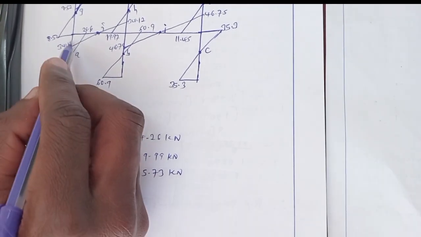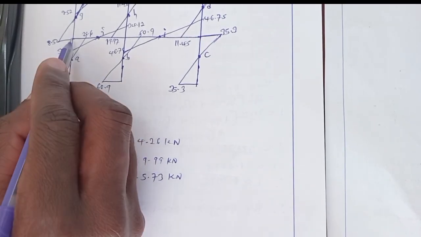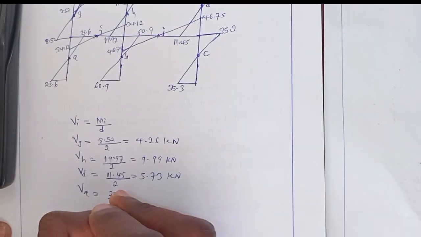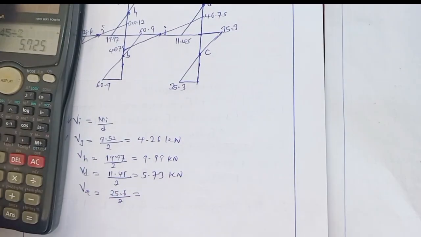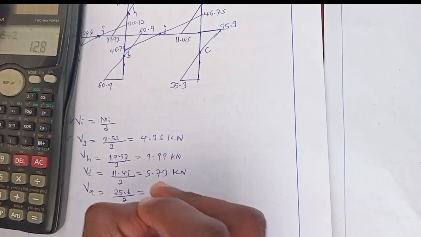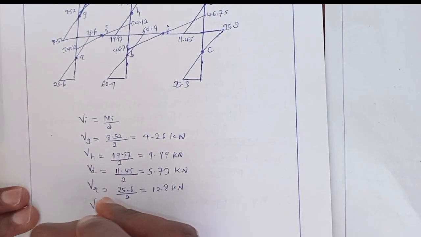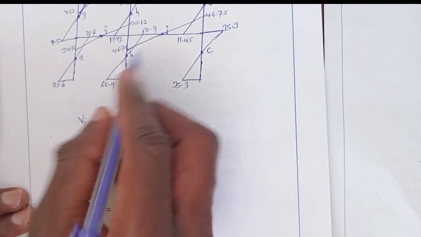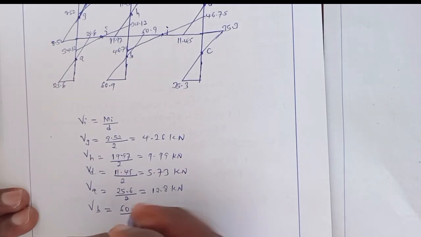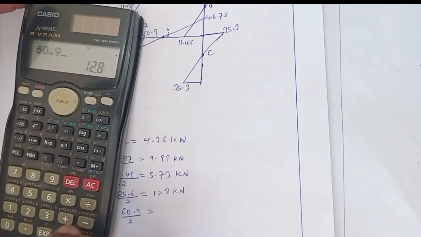Also, its bending moment diagram is this one and this one. So it will be obtained by taking this moment divided by its distance from this point to the ridge joint. So it will be 25.6 over 2, 25.6 divided by 2. It will be 12.8 kilonewton. VB will be this moment, 60.9 divided by 2.